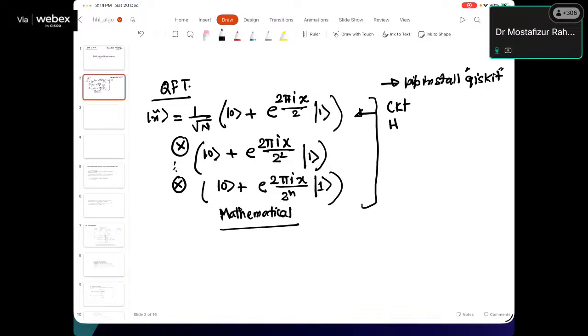One is the Hadamard gate itself, and in a circuit, it is represented as H. This is a matrix with values 1, 1, 1, minus 1, normalized by 1 by square root 2. And another gate is the controlled rotation gate, basically.